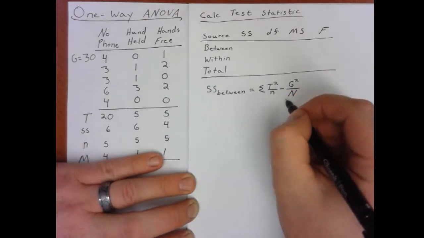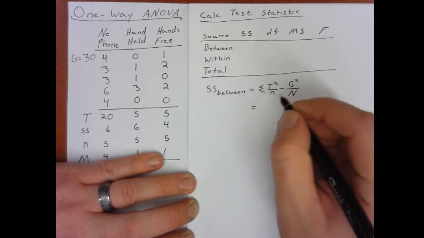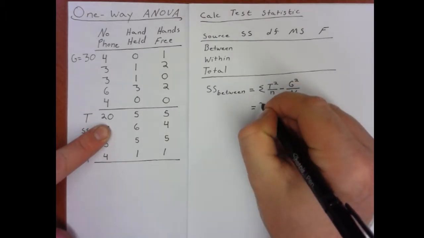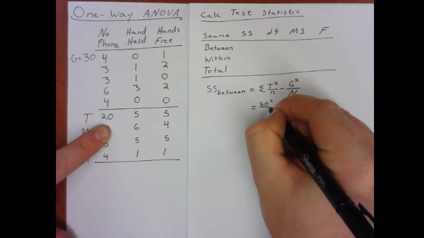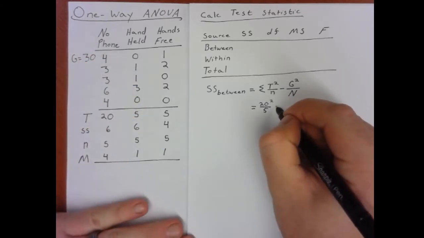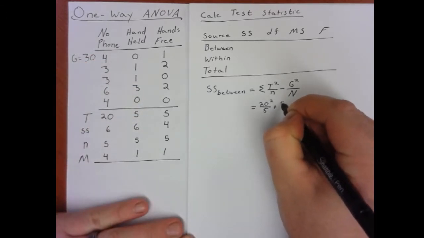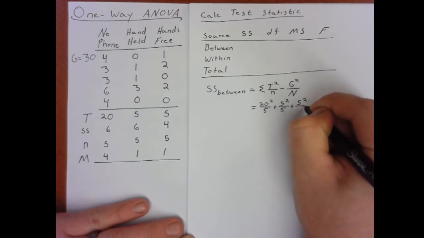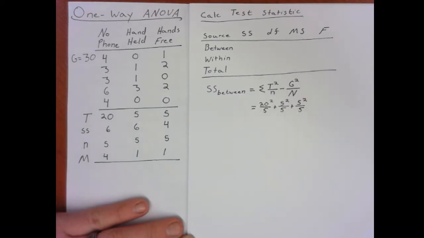So when we go to actually solve this, what we really need is the treatment total squared for each condition. So 20 squared divided by the number of scores, which is 5. There are 5 in each group, plus 5 squared divided by 5 plus 5 squared divided by 5.